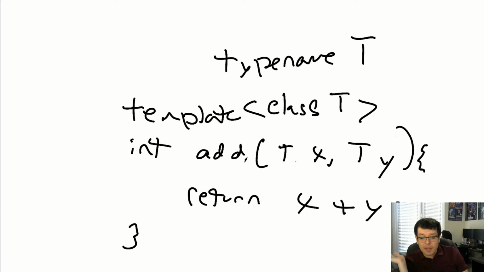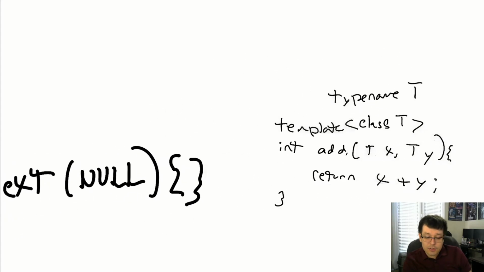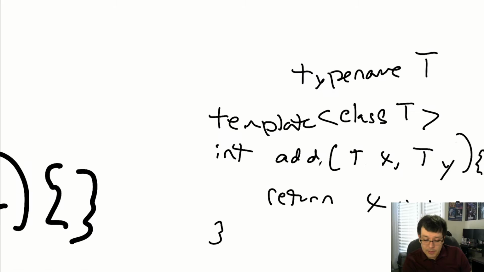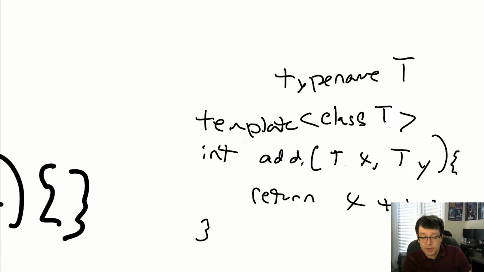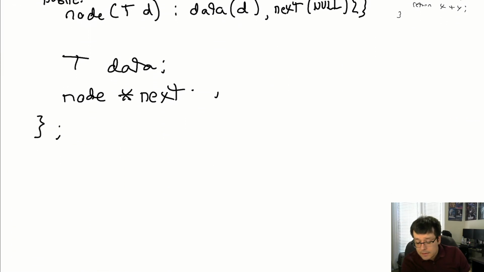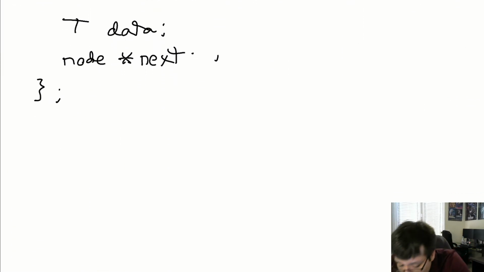If you have a function that is trying to work with parameters that are part of a class, then you have to write template class T. The class T can also be written as typename T. There is a difference, but it's very minor, and you don't have to worry about it. And then you can access any templated variable. That's just a function that exists on its own, but can handle templated parameters. Those are the two uses of templates: functions and classes. This is a class. That's a function. So just some basic code to hopefully refresh your mind.